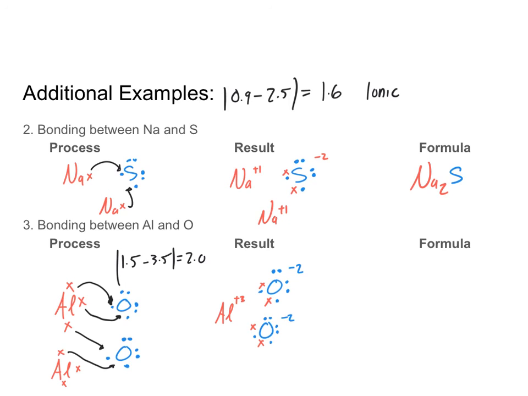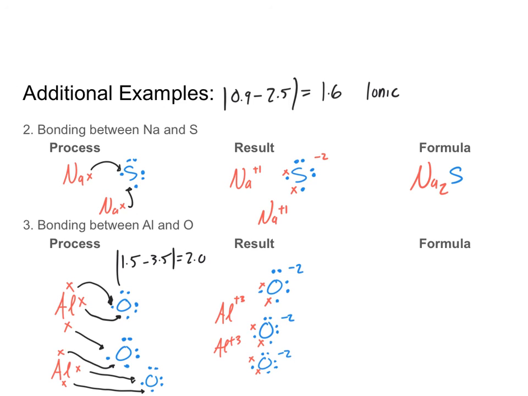But now aluminum's not satisfied, so I need to add another oxygen. So in this case, 1, 2, 3, 4, 5, 6, and I'm going to transfer an electron here and an electron here, which will give me that third oxygen with 1, 2, 3, 4, 5, 6, 7, 8. So it's now a third oxygen with a -2, and the aluminum is naked again with a +3.